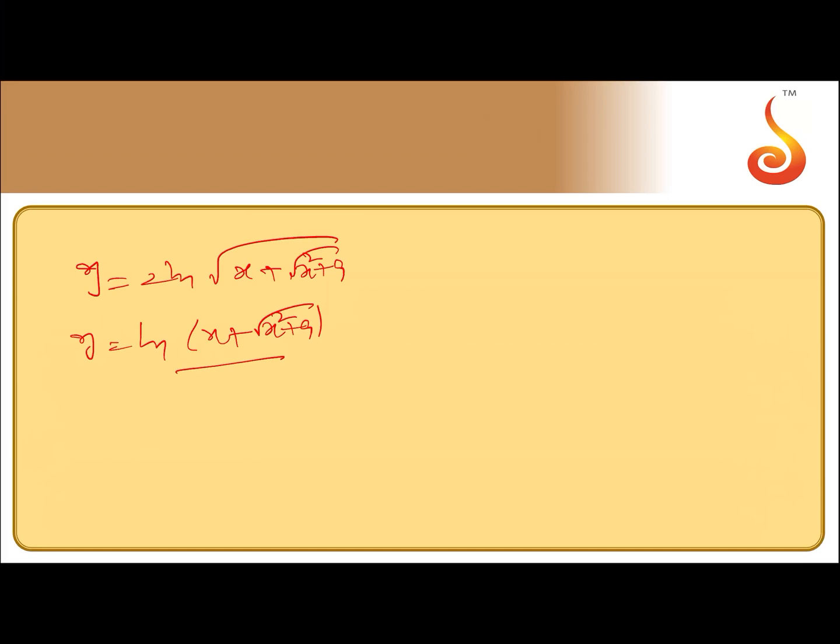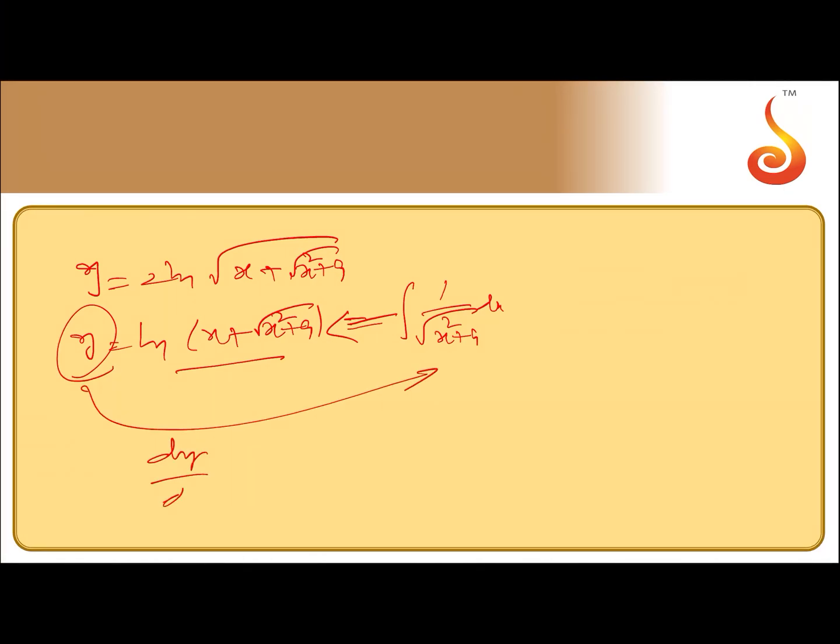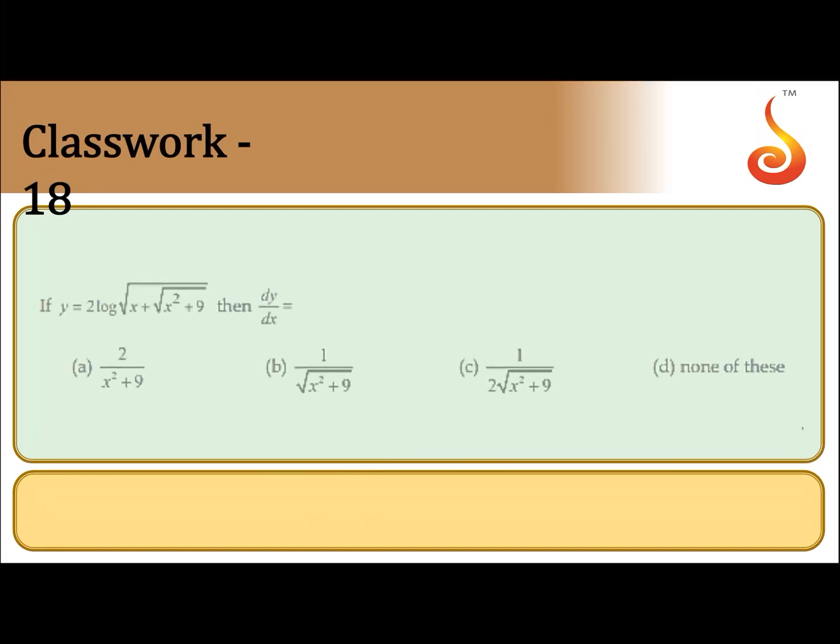I hope you know this is nothing but the integral of 1 divided by root of x square plus 9 dx. So the derivative of this one is nothing but that integrand. Therefore, dy by dx for this problem is 1 divided by root of x square plus 9.